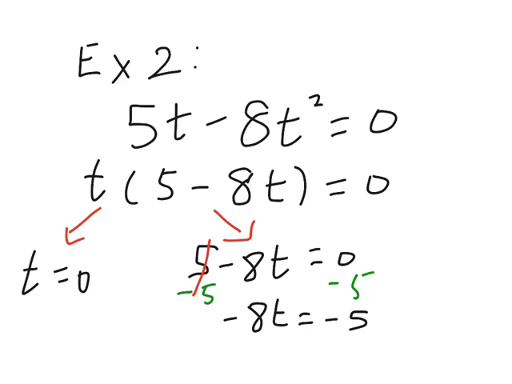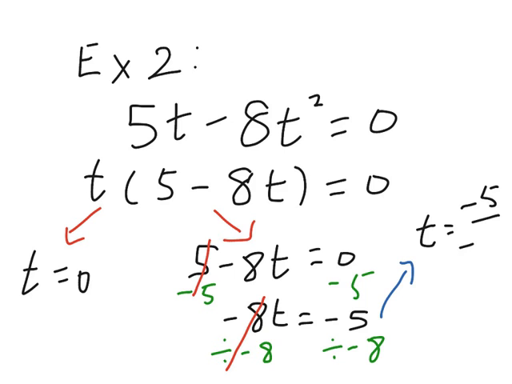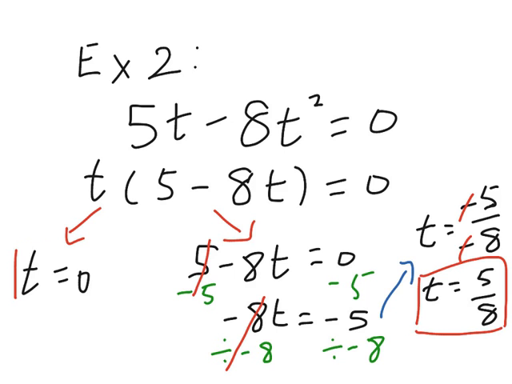Now we divide both sides by minus 8. This cancels. Running out of space here, so I'll write there. So t is minus 5 divided by minus 8. So t is equal to 5/8 because the minus signs cancel each other and go away. So t is 0 or t is 5/8.